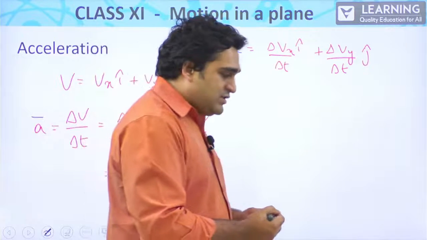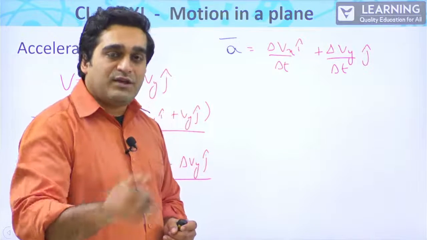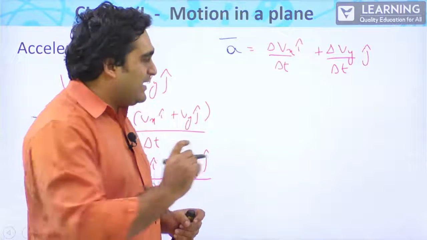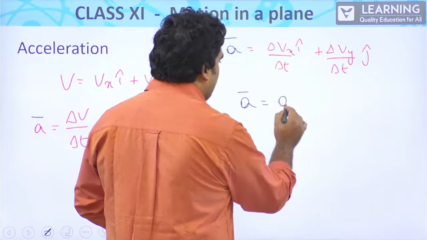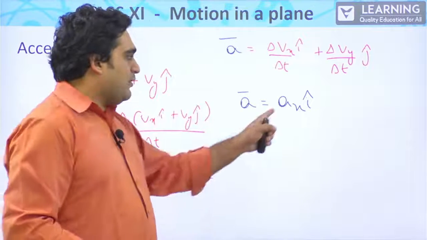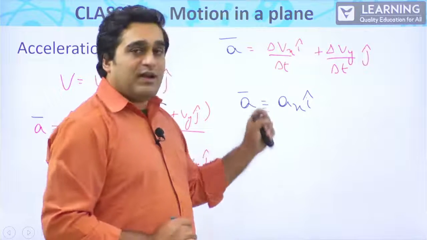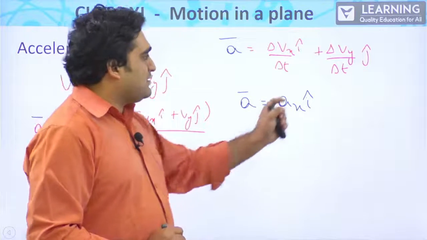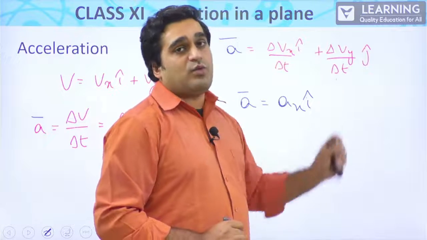So if the velocity is changing only along the x-axis, then the acceleration will also be along the x-axis. So you have a bar, which equals ax i cap, because this component represents the change in velocity along the x-axis. Similarly, rate of change of velocity along the y-axis.